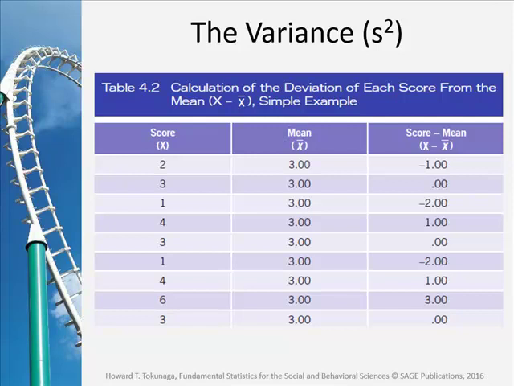Minus 1, minus 2, that's minus 3, minus 4, minus 5. So we got a total of minus 5. And then we add to it 0 plus 1 is 1, plus 1 is 2, plus 3 is plus 5, minus 5 plus 5 is 0.